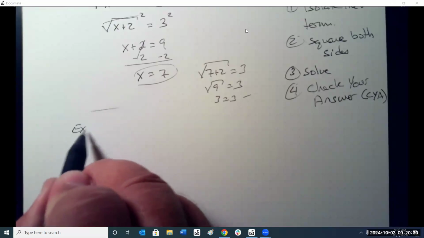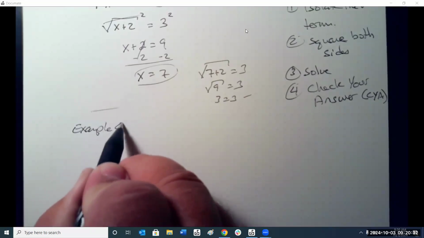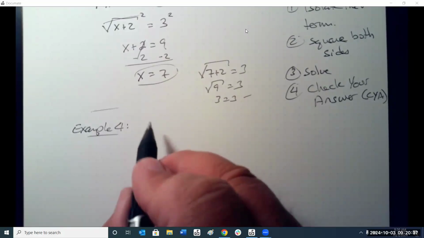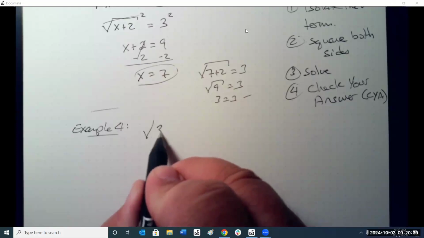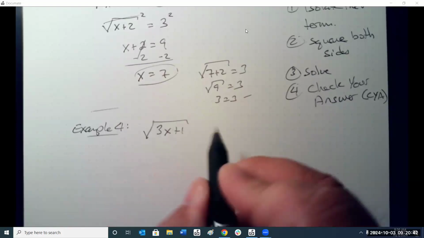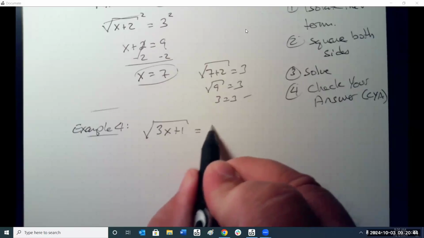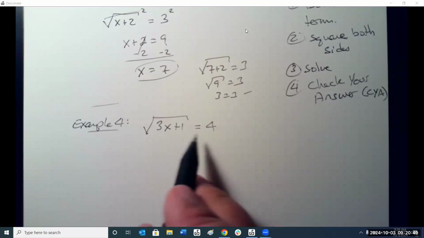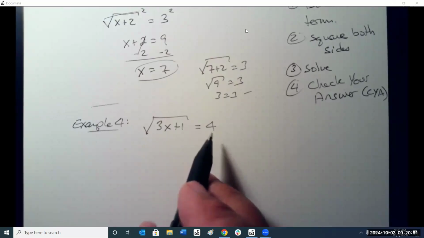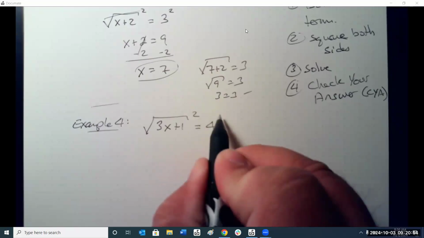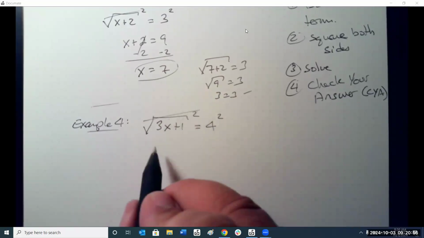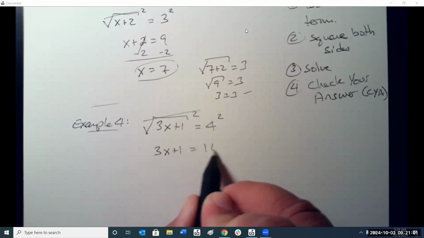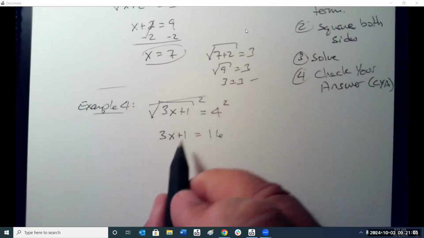Let's look at example 4. What if we had the square root of 3x plus 1 equals 4? Radical on one side, number on the other side. So I square both sides. Square root and the square cancel. Equals 4 squared is 16. Solve for x now.